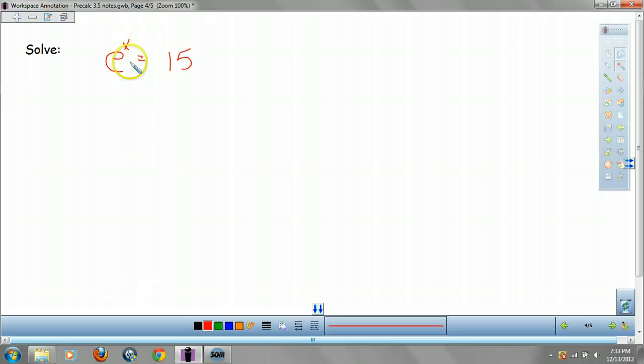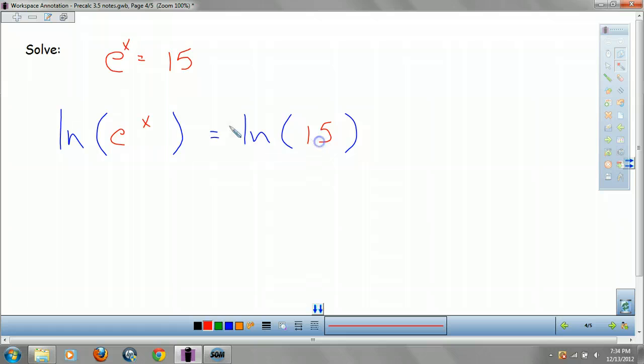But what I can do is take natural log of both sides. So remember, this cancels that out, so you're left with x equals whatever natural log of 15 is, right? Which you can grab a calculator and plug it in and get your answer. I'm not going to mess with the calculator. We all know what happens when I do. Okay?